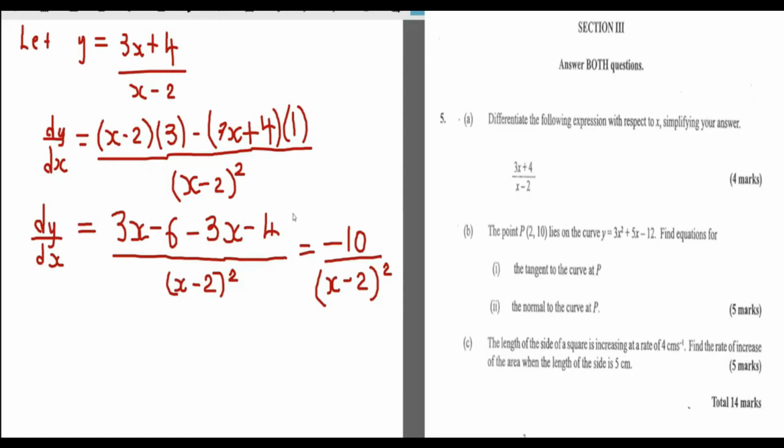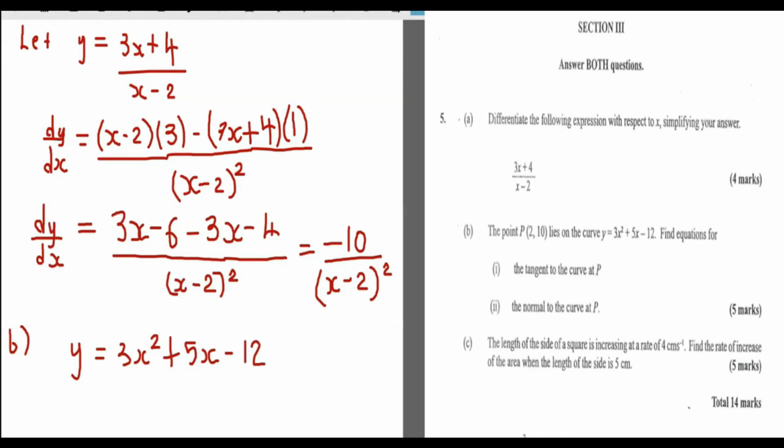It says find the equations of the tangent and the normal at P. All right, so for part B, it is telling us that y is equal to 3x squared plus 5x minus 12.